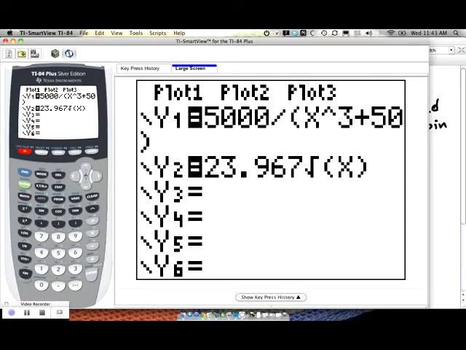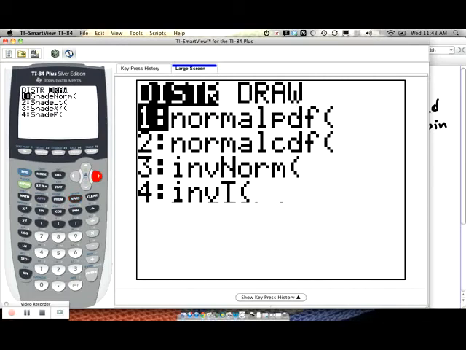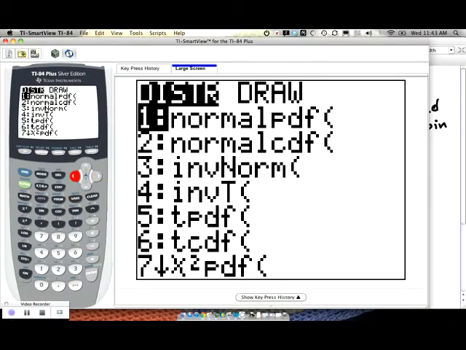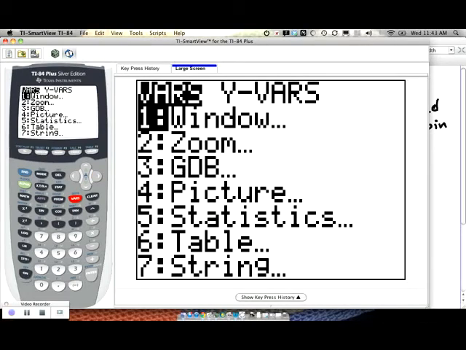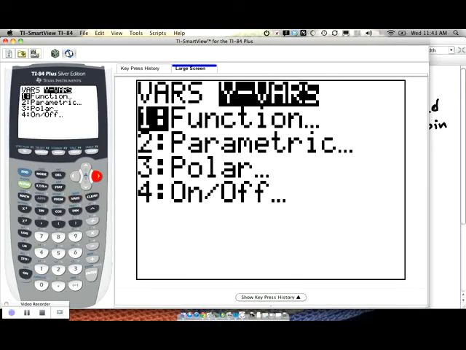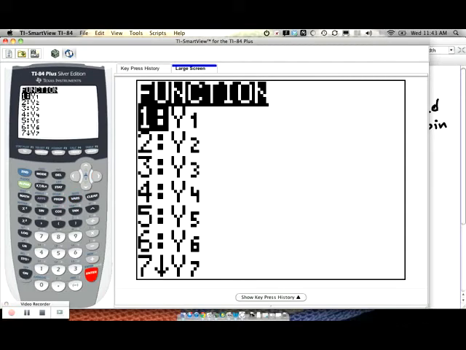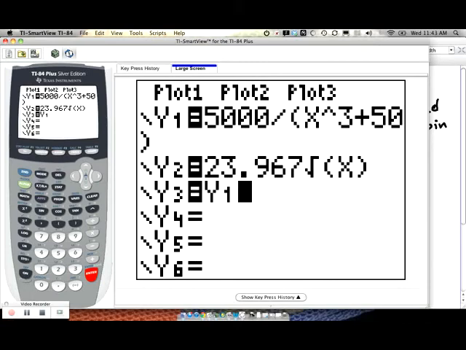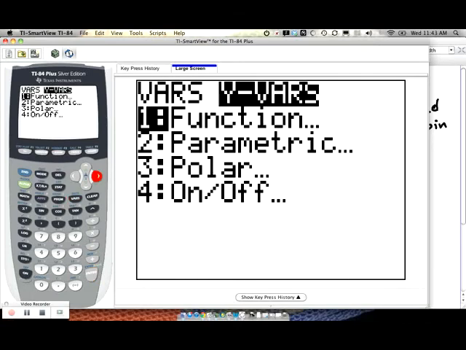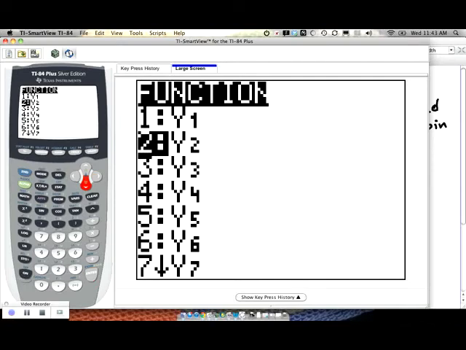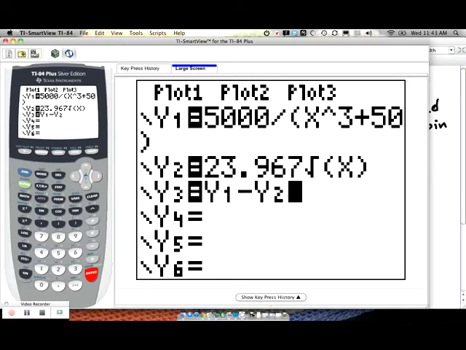So I'm going to create a third function that's the difference between those. Thankfully with my calculator, I can do that very easily. If I go to vars, then yvars, I'm going to click on function. We want the first one, which is y1. Then we're going to subtract the second one. So I do the same thing, vars, yvars, y2. There we go, so we got y1 minus y2.